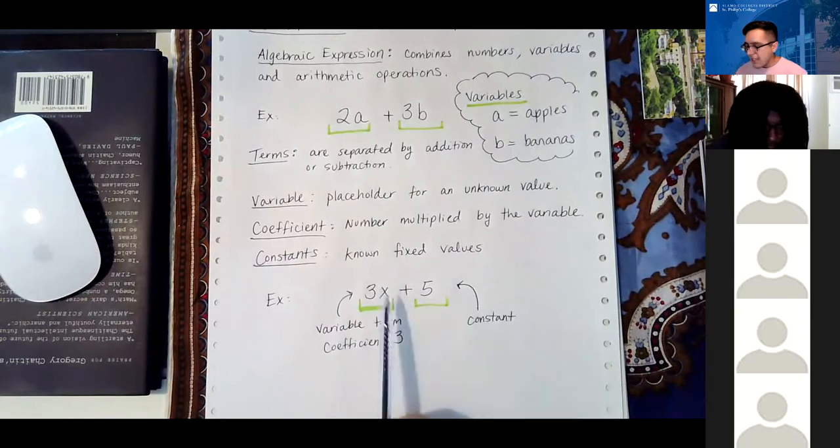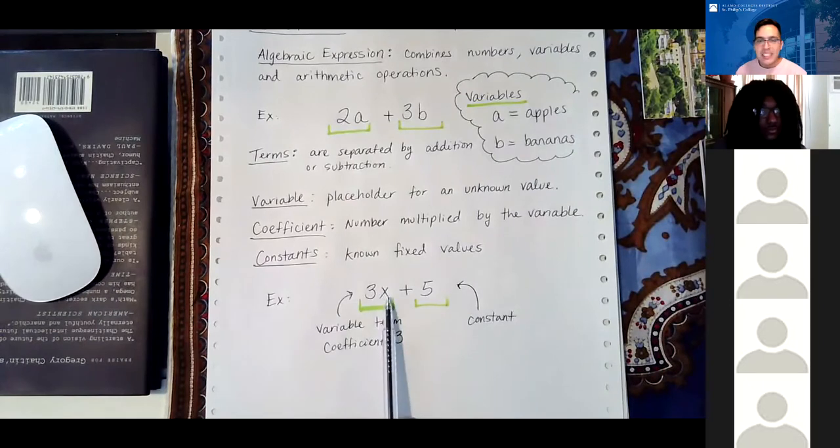So let's say that X here represents, I don't know, let's go with apples again. So if I wanted to buy 3 apples and at this store, for whatever reason, they have some sort of weird system where if I need to use my credit card to make a transaction, they're going to charge me $5 for that.